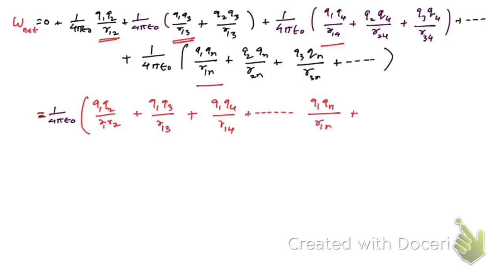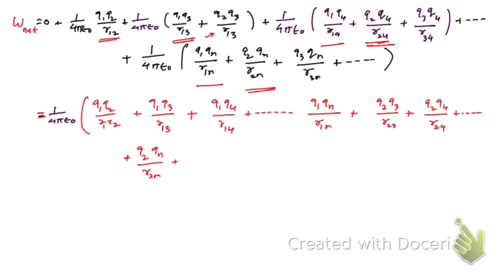Then similarly we start with q2 q3 by r23, then q2 q4 by r24, then so on up to q2 qn by r2n.